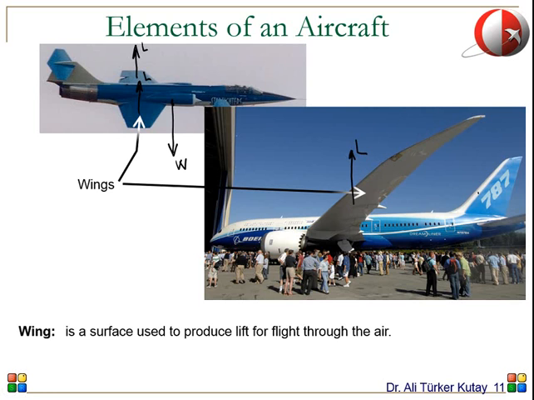So this is Boeing's newest design, the Boeing 787. They call it the Dreamliner. The benefit of this airplane with respect to the previous designs is that it is more efficient. It burns less fuel. To go from Ankara to Istanbul, I don't know, it requires so much fuel with the previous design, while this one consumes less fuel.